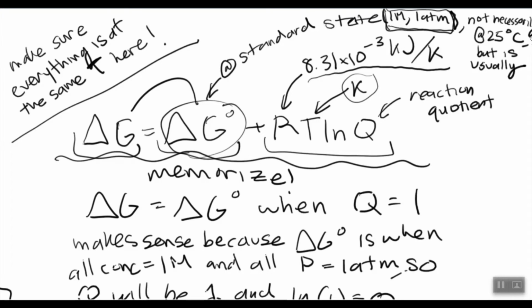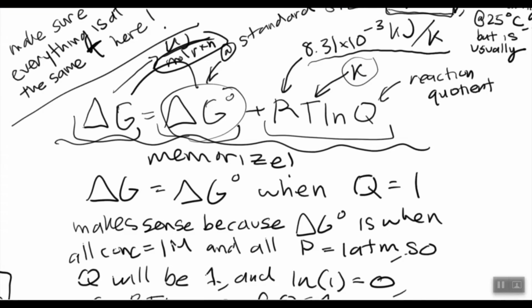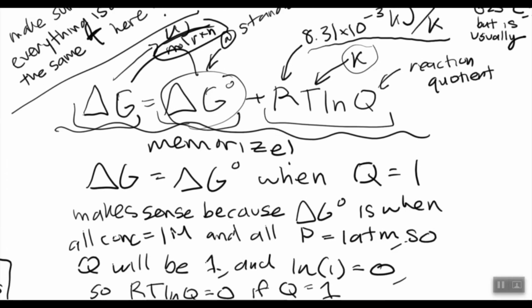And of course, these two, so I forgot to give you the units for delta G, but delta G is a type of energy, and energy is always in kilojoules, or in joules, but this is kilojoules per mole of reaction, because usually we're looking at reactions, so we might want to add that to be more specific. So I want you guys to memorize this.